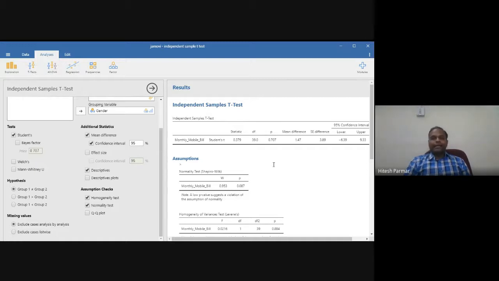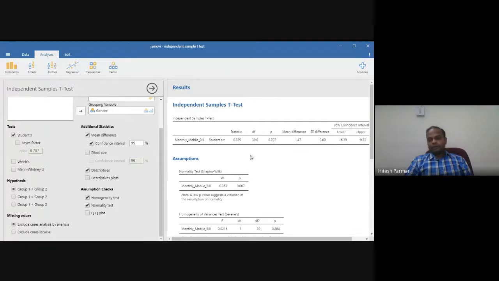For any calculated value, for example in the t-test, if the calculated value is greater than 1.96, then you will get a p-value which is less than 0.05. The lower the calculated value, the more likely the p-value will be more than 0.05, and the higher the value, the lower the p-value.